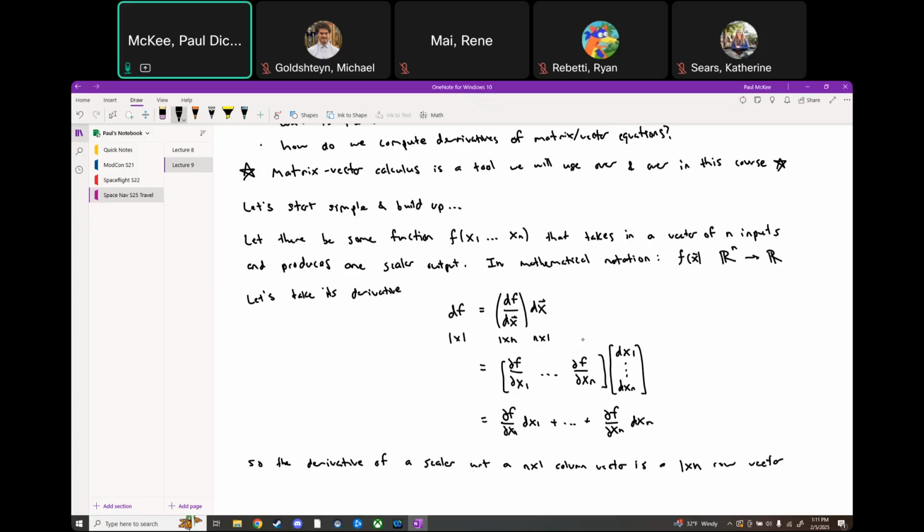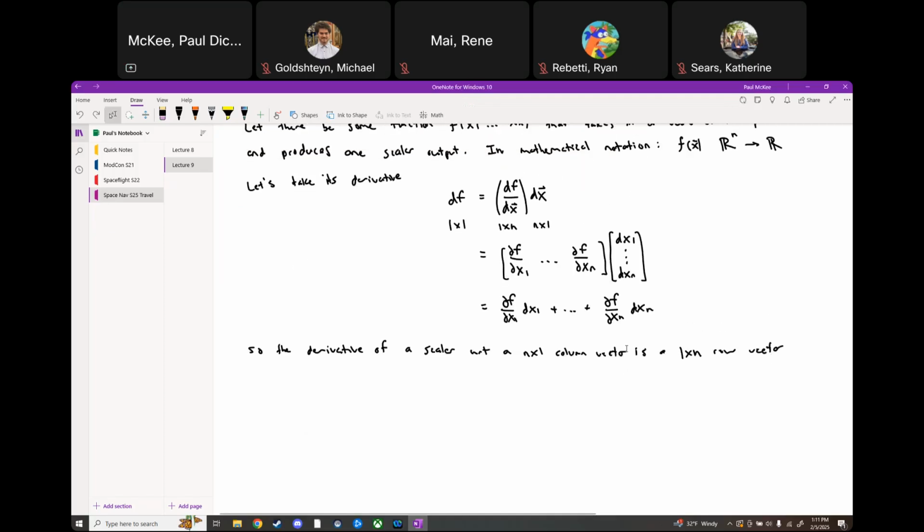So this bit right here is the derivative, which is the same as this vector right there. As we go through, I realize right now we're just writing down symbols. We're going to do this with actual equations later, and it's going to make a little bit more sense. But questions up to this point? The derivative of a scalar is a vector. So far, so good. All right, on to the next one.